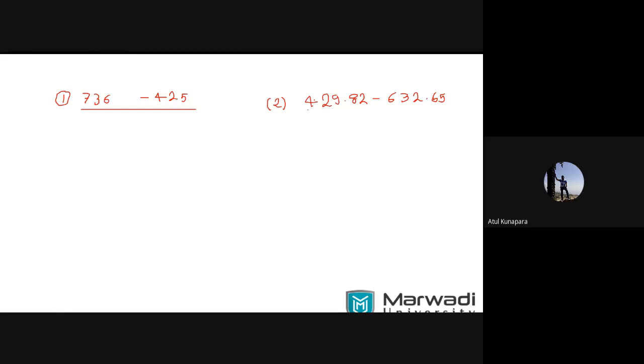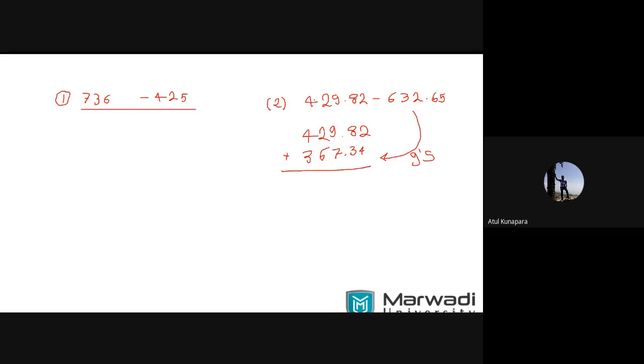For the second case, it is 429.82. Right now we have to add the 9's complement form of 632.65, which is 367.34.